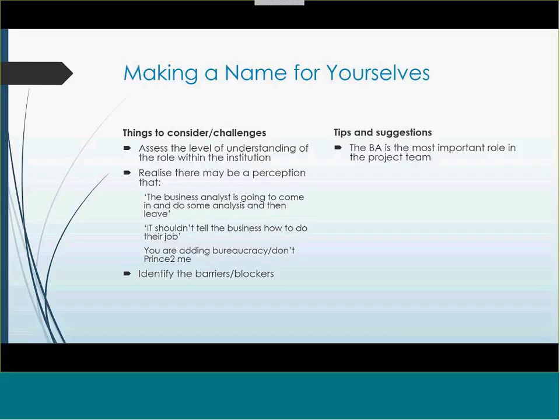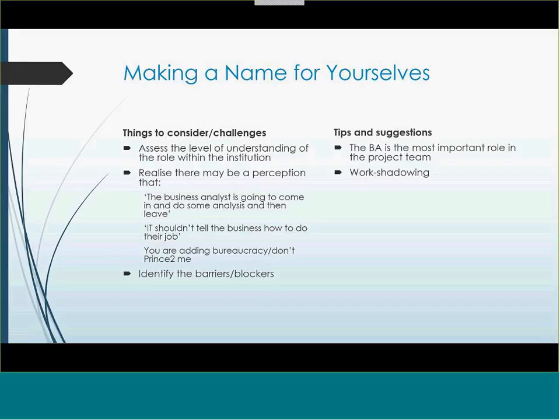The BA also has to be pretty savvy and able to calm ruffled feathers. They're usually the person that gets the call when someone's upset about how requirements have been displayed or prioritized. So to me, they're really important, and I think you need to continuously raise the profile of the role within your institution.